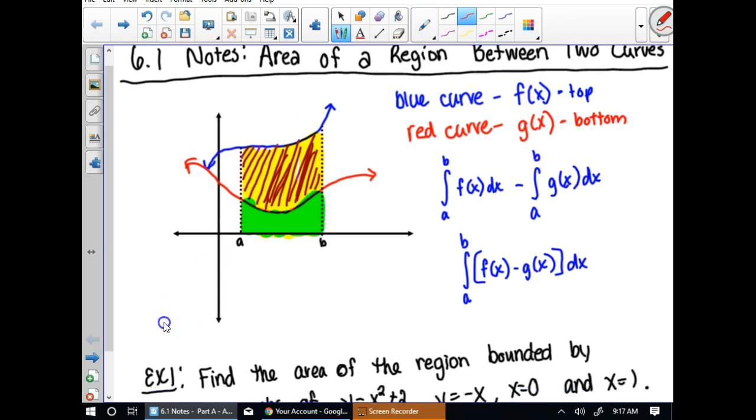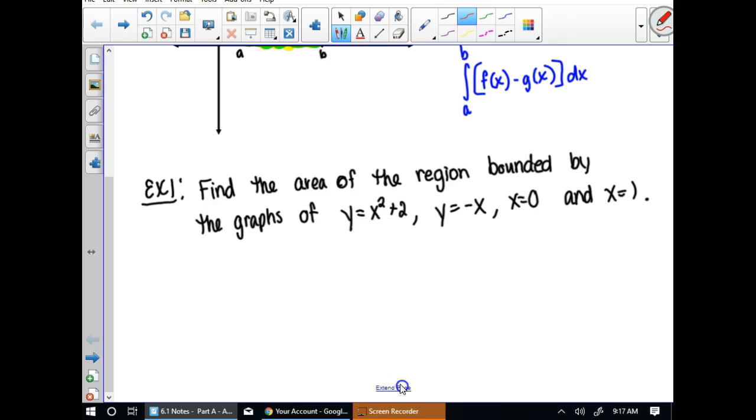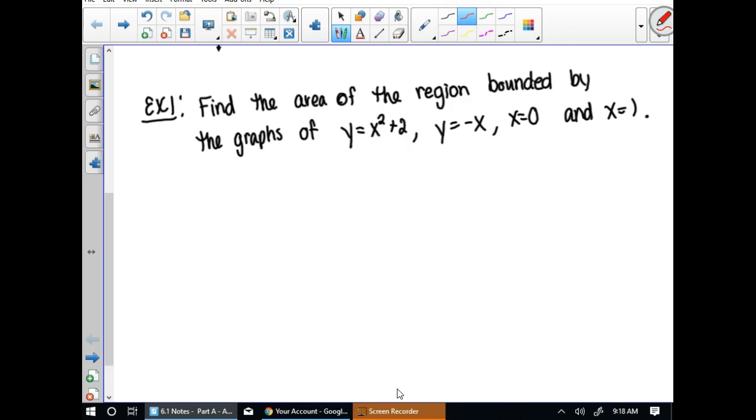Okay, so let's do an example. I'll let you copy that problem down. Try these on a calculator and see. Sometimes they might give us the graph, but on a lot of these, we're not going to be given the graph, so we've got a couple options of what we can do.